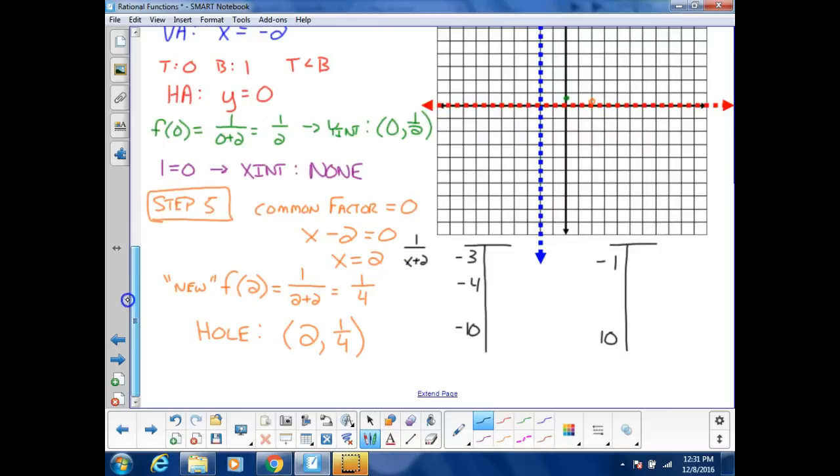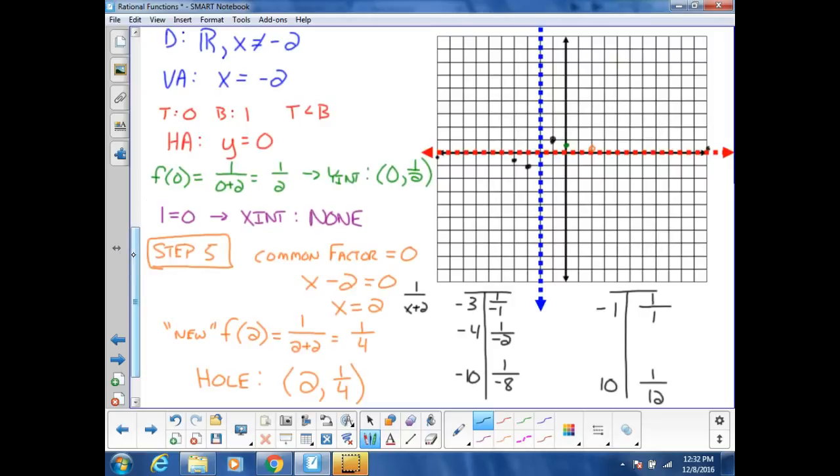So -3 plus 2 is -1, so this is 1 over -1, which is -1. -4 plus 2 is -2, so that's going to be -1/2. -10 plus 2 is -8, so that's going to be -1/8. -1 plus 2 is 1, so that's there. 10 plus 2 is 12, down there. Okay.